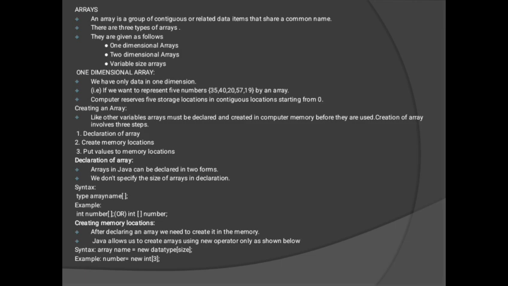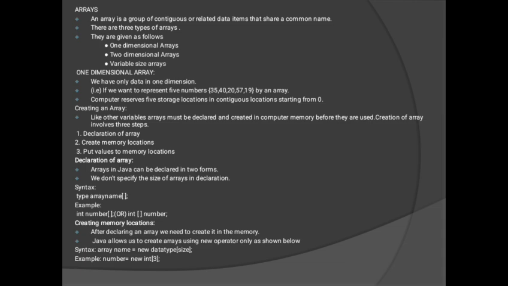In a one dimensional array, we have data in only one dimension. If you want to store 5 numbers in an array, the computer reserves 5 storage locations, starting from 0. Creating an array: like other variables, arrays must be declared and created in computer memory before they are used.